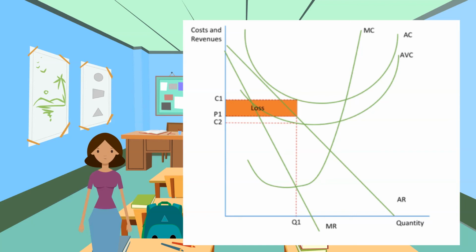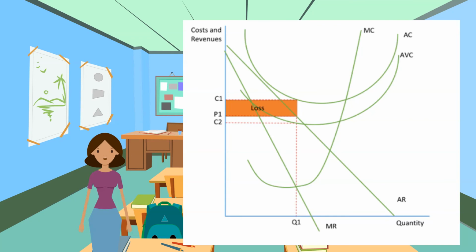Short-run and long-run shutdown points. When a business is making a loss, it may not necessarily be the best decision to shut down straight away. This depends on the average variable cost. If the average variable cost is less than the average revenue, then firms should continue production. Each good they make will generate more revenue than it cost for them to make it, and so this will help them to reduce the size of the loss by covering some of the fixed cost.